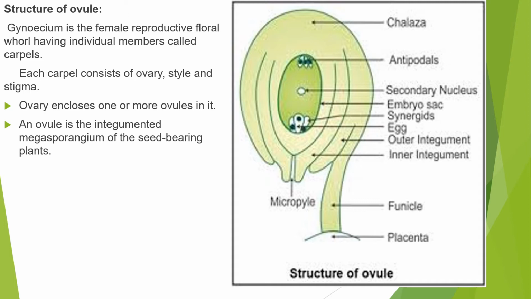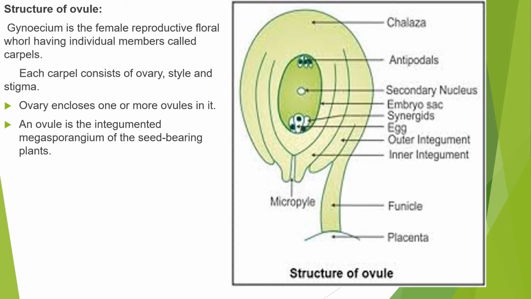The structure of ovule is: it is attached to the ovary wall by placenta, and stalk of the ovule is known as funicle. Point of attachment of ovule to the placenta is known as hilum.